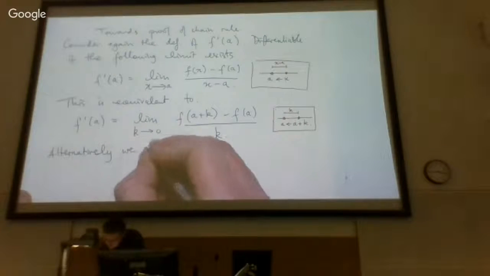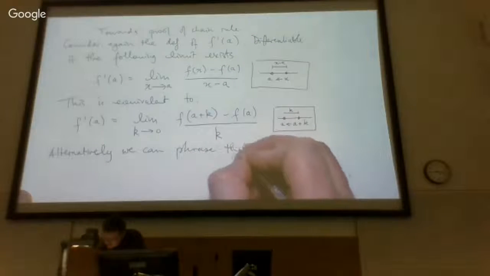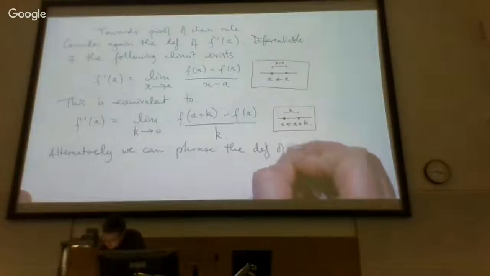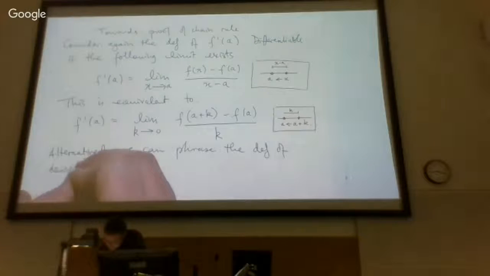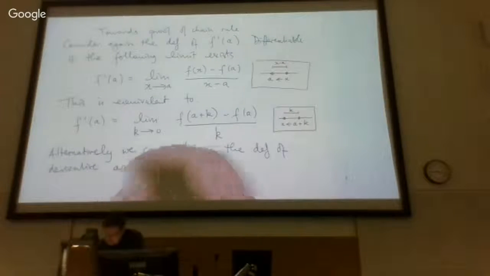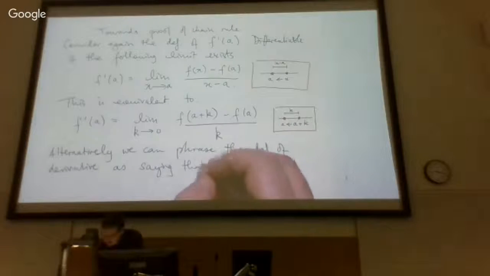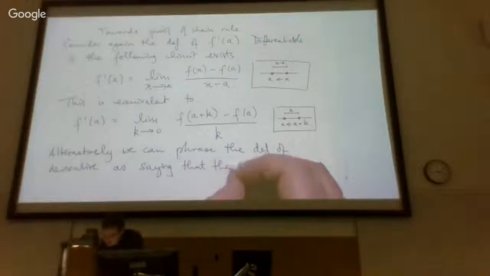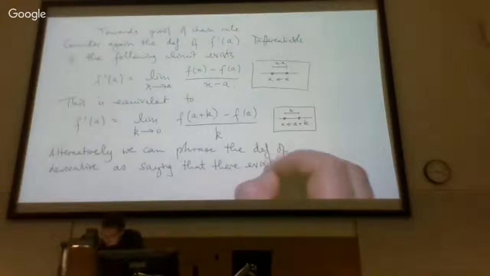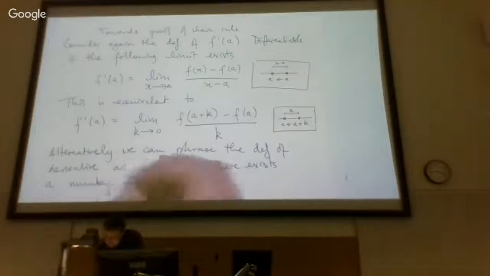Alternatively, we can phrase the definition of the derivative in a slightly different way: there exists a number f prime of a.